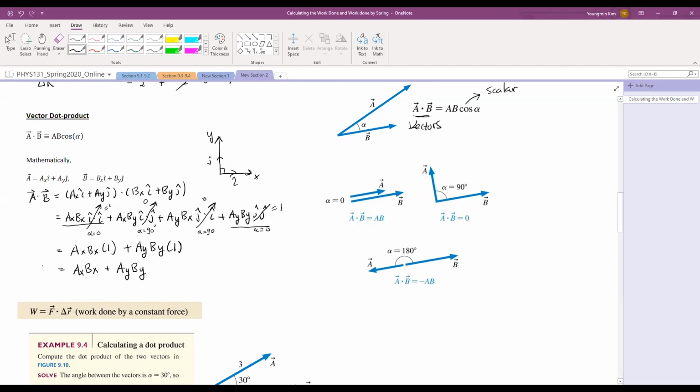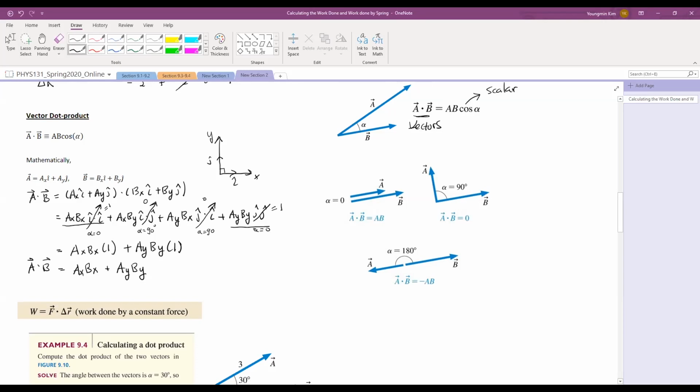This is the definition of a dot product in terms of components. And using this way or using the cosine way, you should get the exact same answer. This is more useful when you directly know the vectors in component form, and this is more useful when you know the angle and the magnitudes of A and B directly. Mathematically, the same expressions.